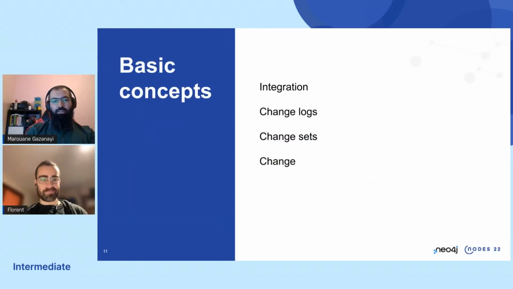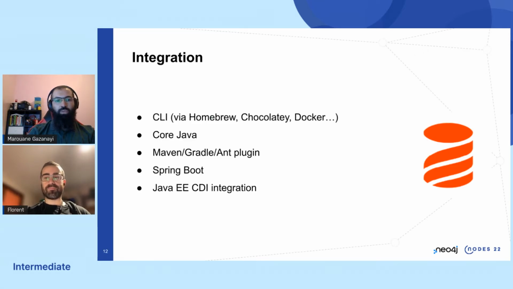So as Florent just said earlier, what you learn in this next session applies to every kind of database using Liquibase to handle the migration. Okay, so we will see the basic concepts of Liquibase, and especially Neo4j Liquibase. So first thing, you need to install Liquibase and the Neo4j Liquibase plugin to use it, and there are different ways to use it.